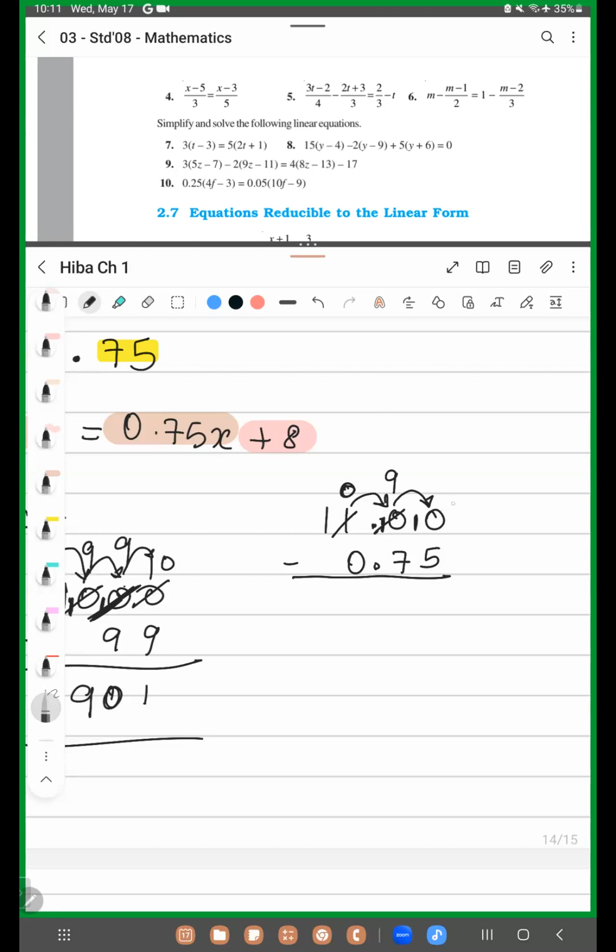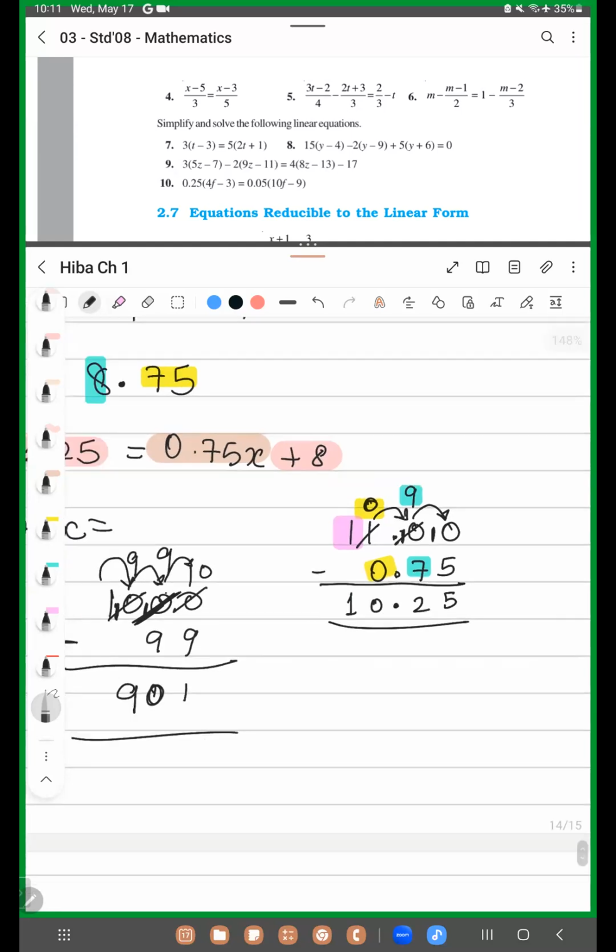Now 10 minus 5 is 5. 9 minus 7 is 2. 0 minus 0 is 0. 1 minus nothing is 1. आंसर क्या हो गया?